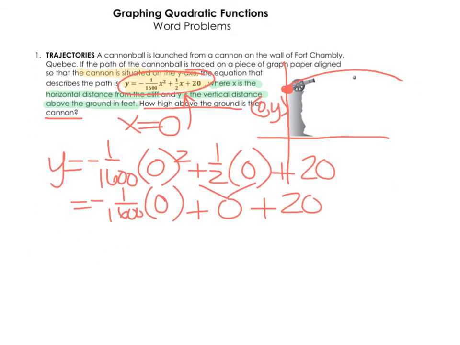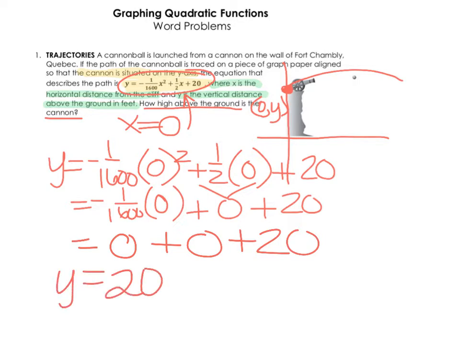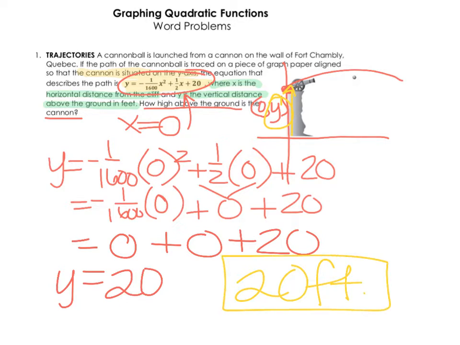So negative 1 over 1600 times 0 is 0. So 0 plus 0 plus 20, y equals 20. The y that we just found is how high the cannon is above the ground. So we can say that the cannon is 20 feet above ground. And that's our final answer.